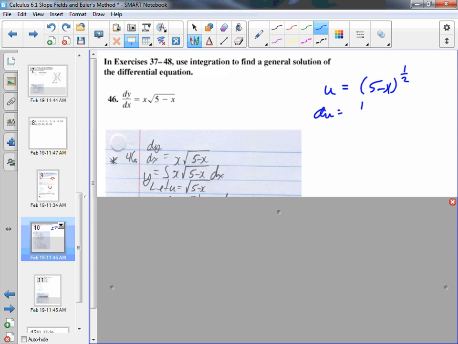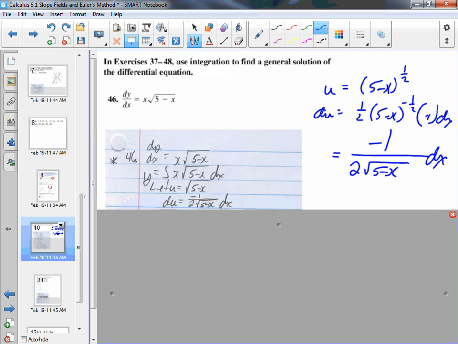Then the du is going to be 1/2 u to the negative 1/2 times the derivative of u. And the derivative of negative x is negative 1. So I'll put the negative with the 1 up there. We've got negative 1 over 2 square root of 5 minus x. Oh, guess what I left off? dx.